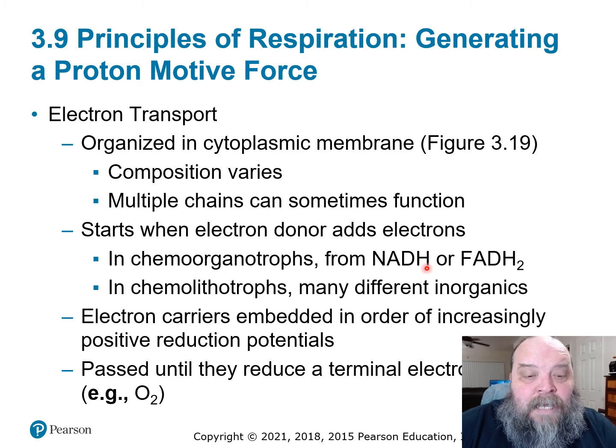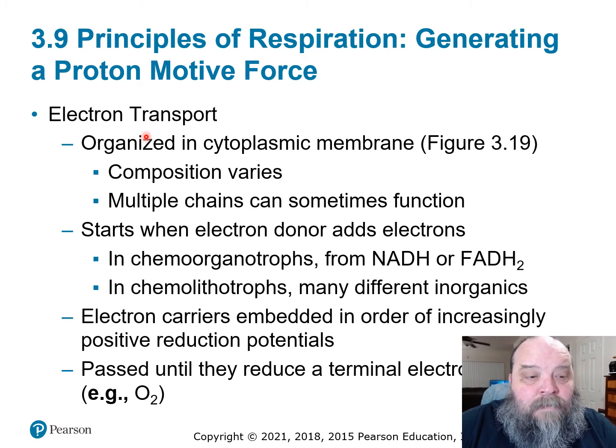So NADH, FADH2 are going to deliver their electrons here as the hydrogens. That energy is going to be bled off, allowing for the transport of hydrogens across the membrane, either the mitochondrial cristae or the cytoplasmic membrane of prokaryotic cells.